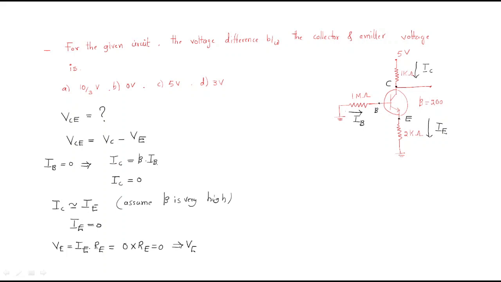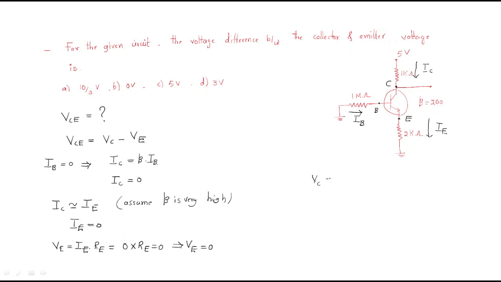So the voltage at the E point is also 0. Next, what about the voltage at this point? We can write the voltage at this point equals 5 minus, so the supply minus this drop.